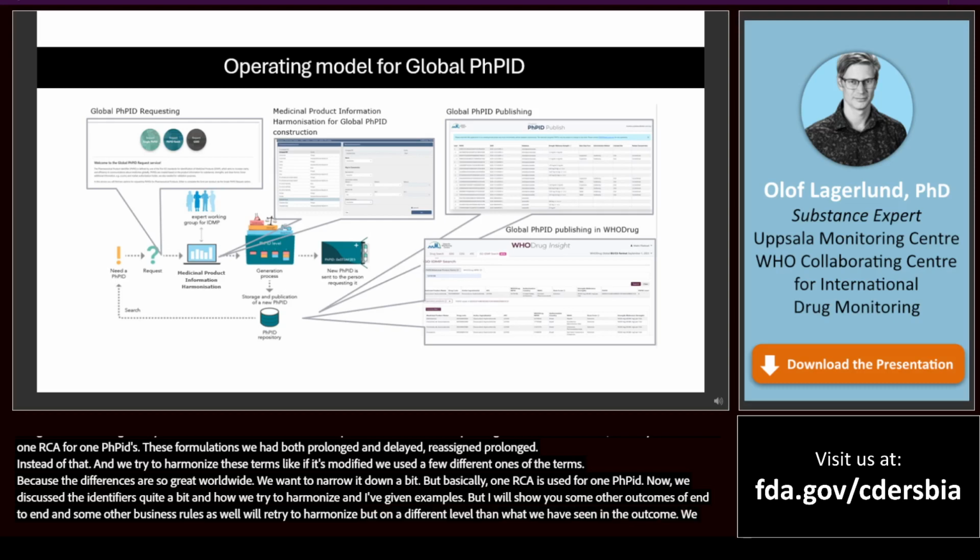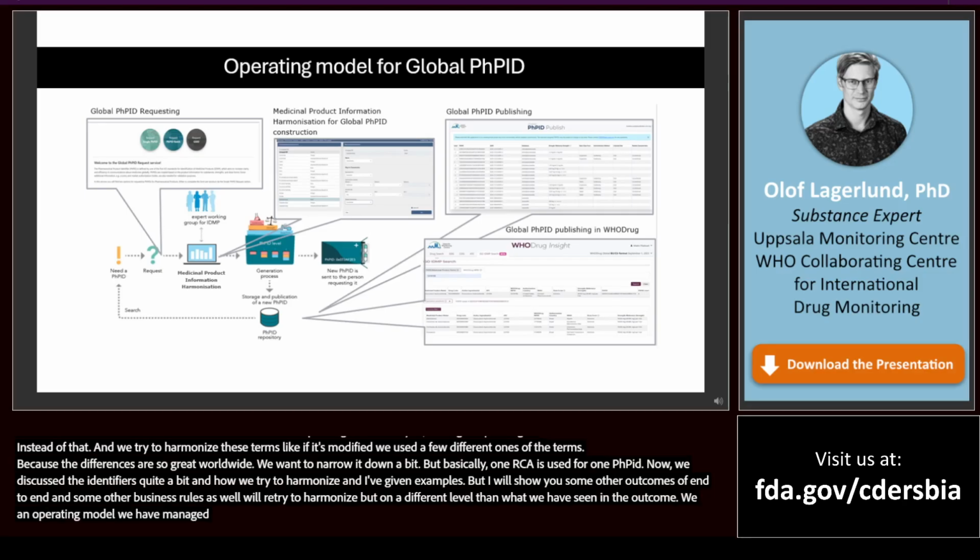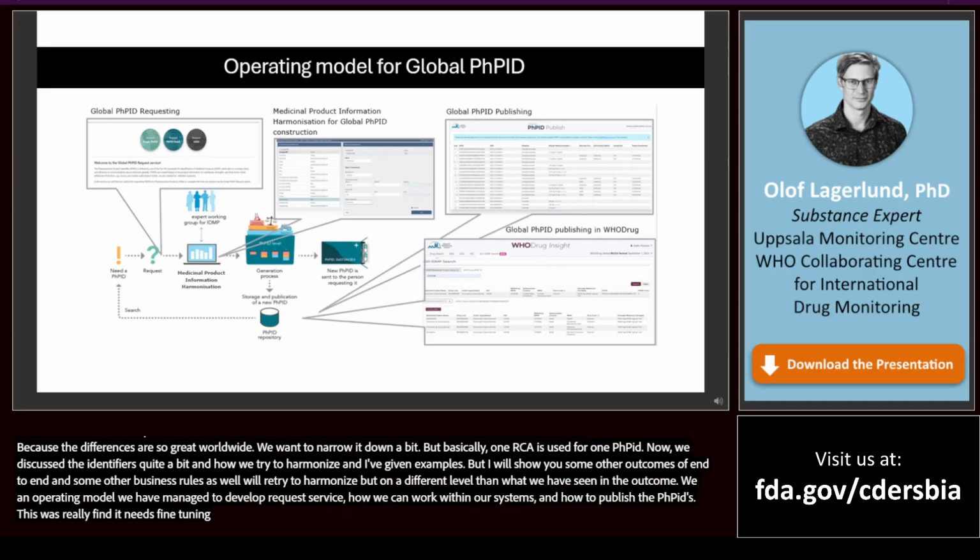We have managed in the end-to-end to actually develop a request service, how we can work with it within our systems, and how to publish the PhPIDs. And this was really fine. It needs some fine tuning, but we can basically start working with it and assign PhPIDs. So that's a very good thing.